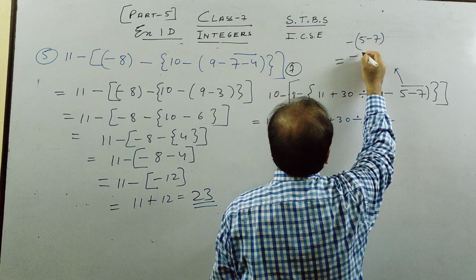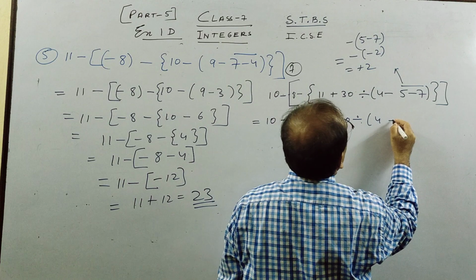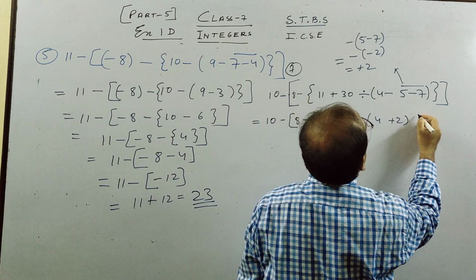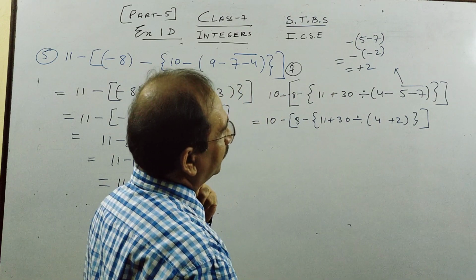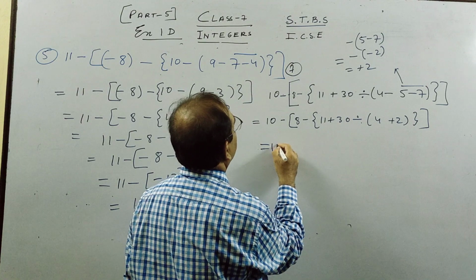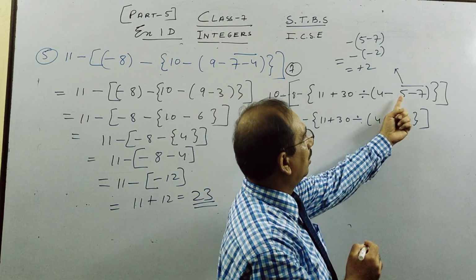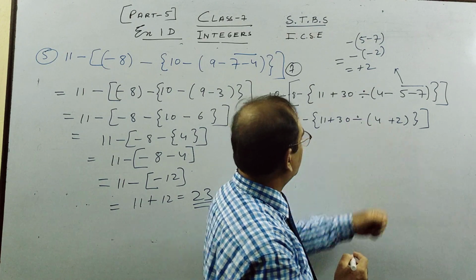So this gives you plus 2. Minus 2 minus minus becomes plus 2. Now this sum is easy. This was the most difficult part. Minus 2 becomes plus 2, as I have shown you.